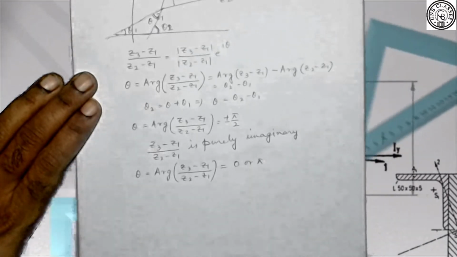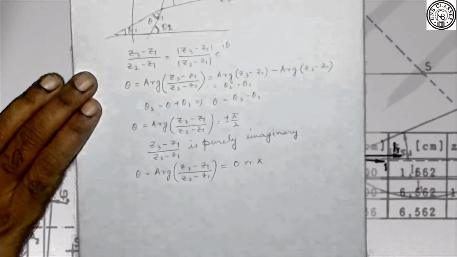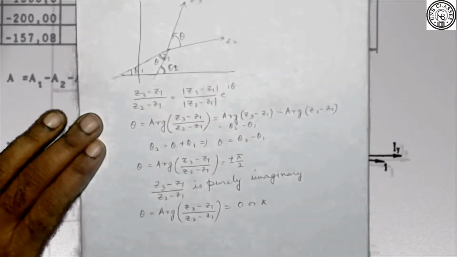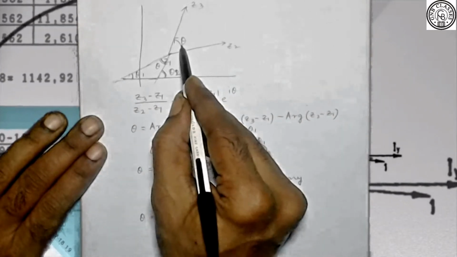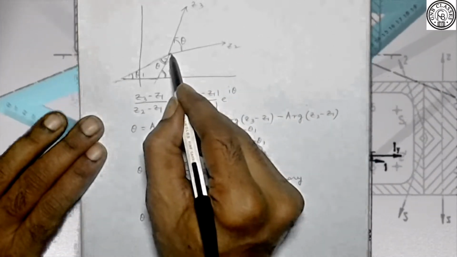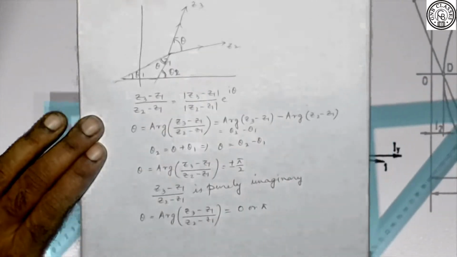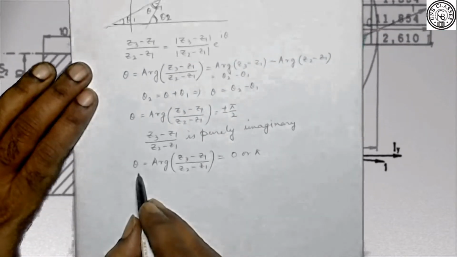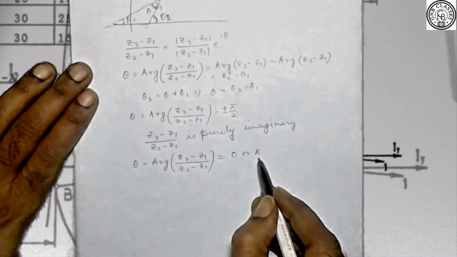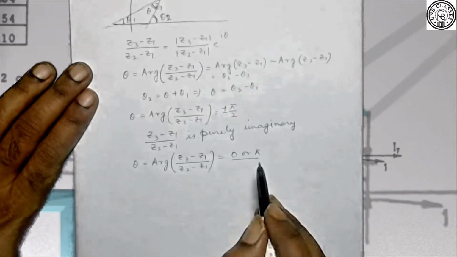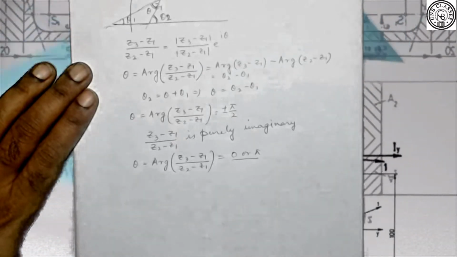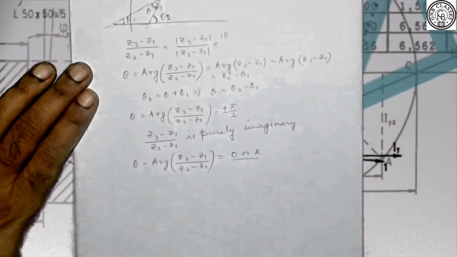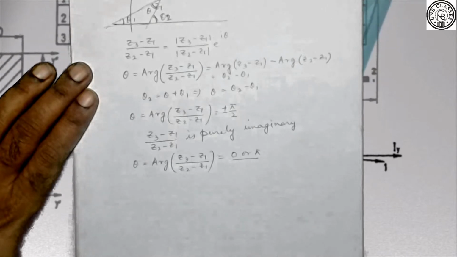Now, suppose I say that this theta, which is the argument of (Z3 minus Z1) by (Z2 minus Z1), is either 0 or pi. We are talking about the principal range. Then the angle between these two vectors is either 0 or pi, that is, this vector coincides with this vector. Yes or no? So, as theta is 0 or pi, the point will be lying on the x-axis, and any point on the x-axis on a complex plane is treated to be purely real.